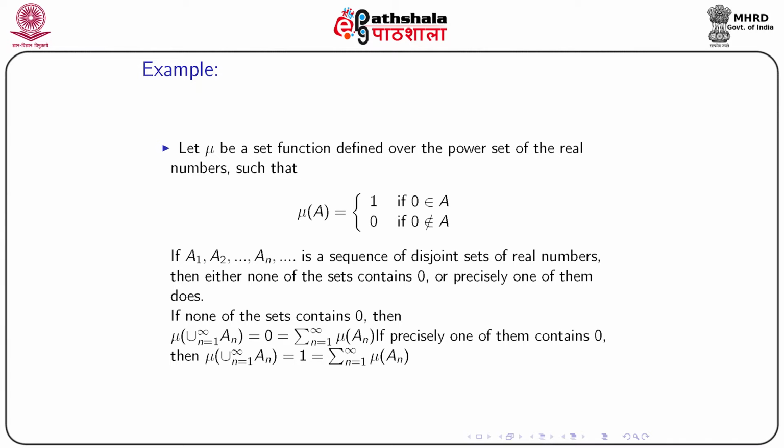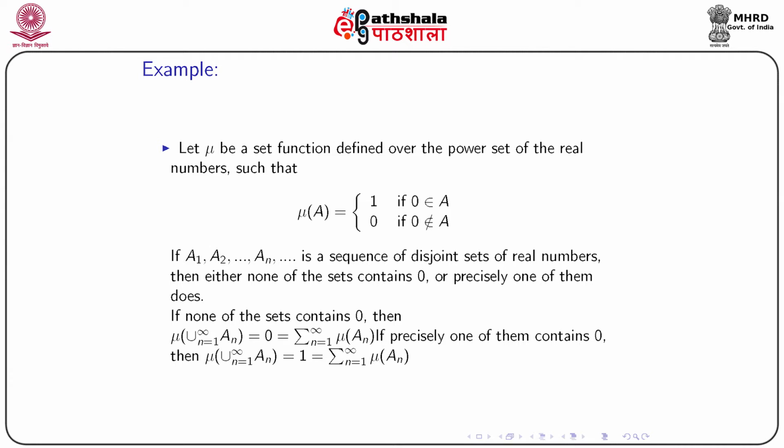Now, if we consider A1, A2, A3, up to An as a sequence of disjoint sets of real numbers, then it is possible that either none of the sets contain 0 or precisely one of them does. Now, consider the first situation, when none of the sets contain the element 0.